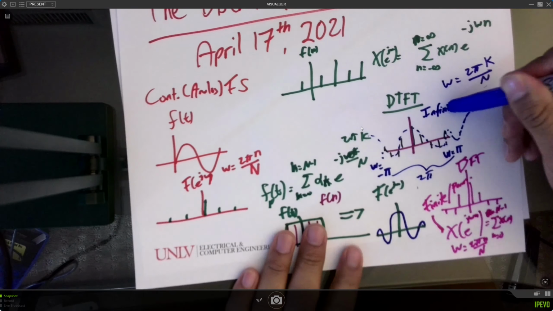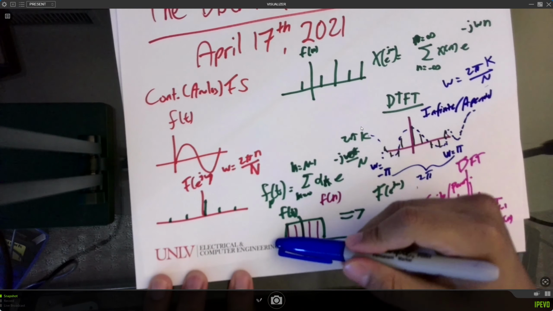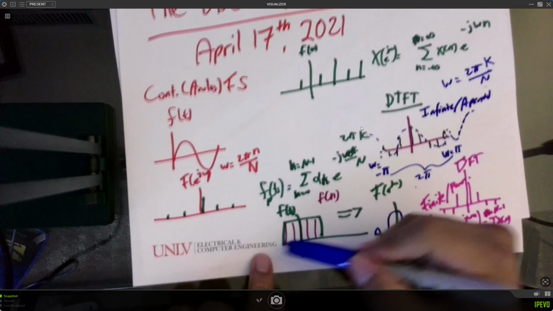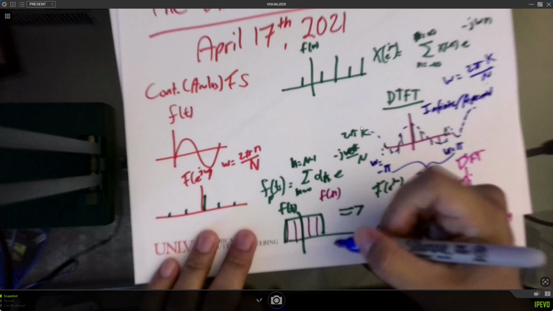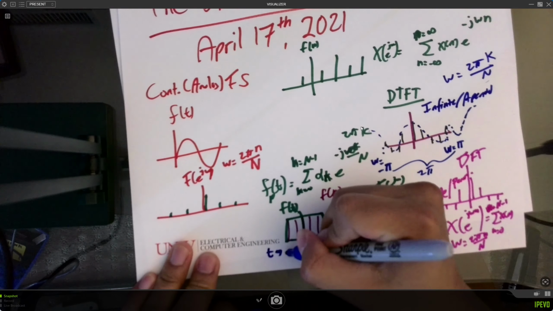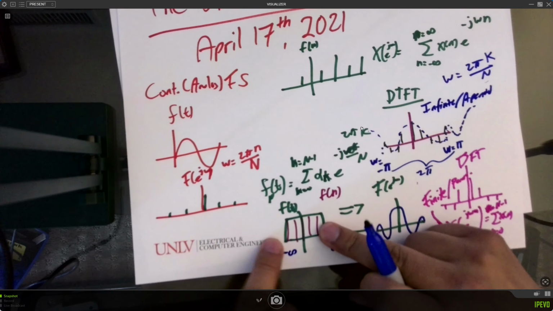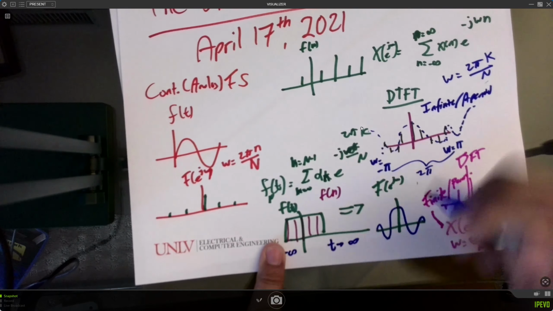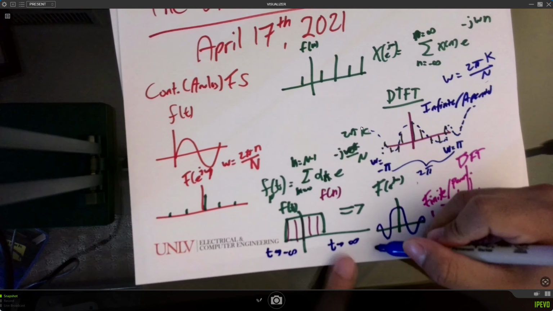And the analogy I want to make with the discrete time Fourier transform is, look at this. If we're going to look at just this square from t equal to minus infinity to t equal to infinity, we're just looking literally at this. The Fourier transform is, well, this guy right here.